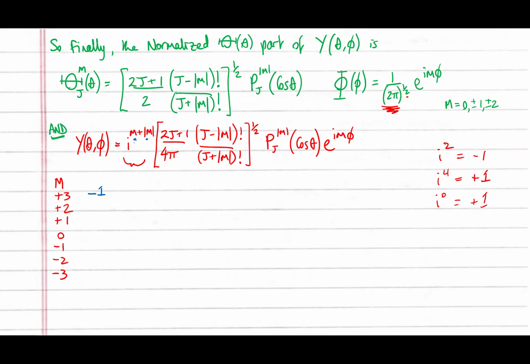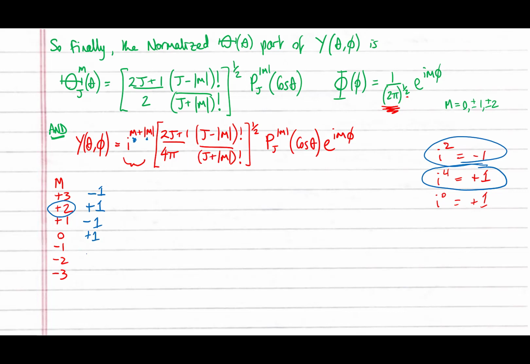When m is equal to plus 2, that's i to the 4th. That was the one that we described earlier. So this is going to be a plus 1 term. When m is equal to 1, we end up with i squared, so this is going to be the minus 1 value in here. i to the 0 is plus 1.